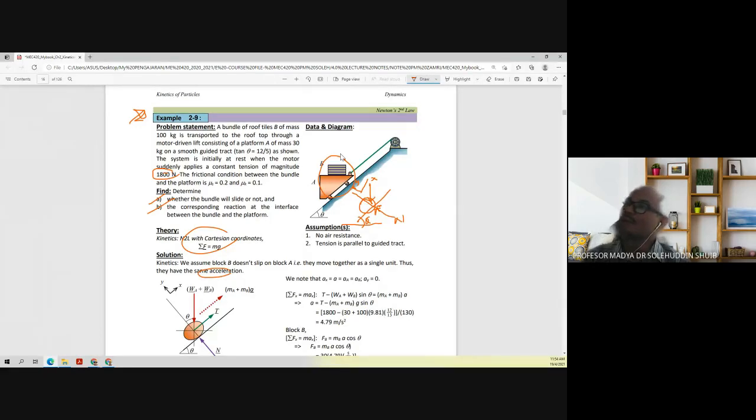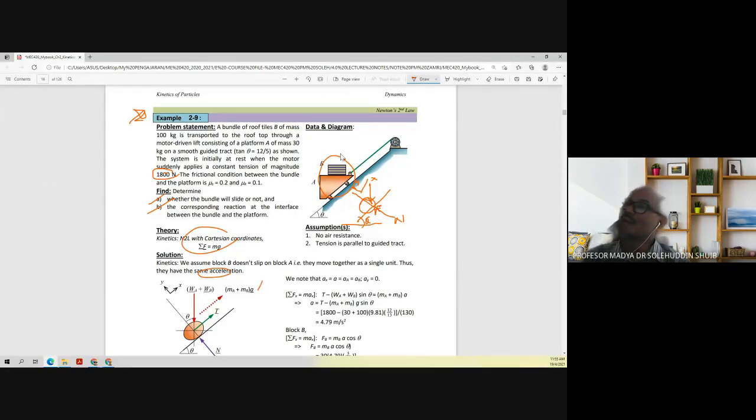Then this is the tension of the motor, which is 1800. Then for mass times acceleration, you put both mA and mB times acceleration.